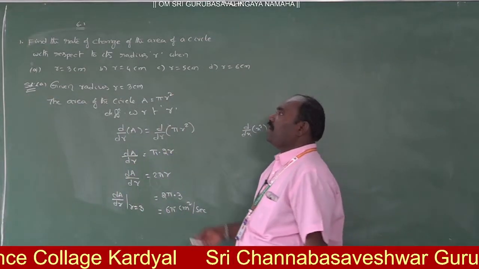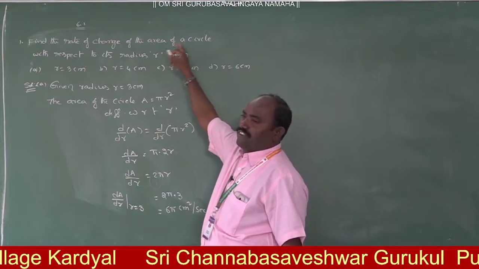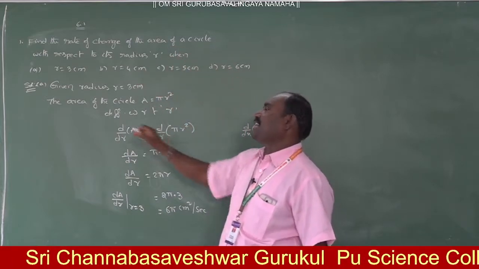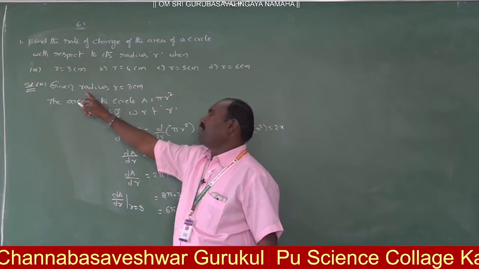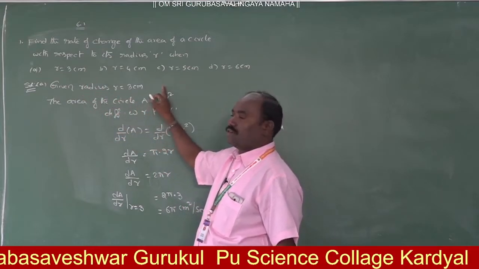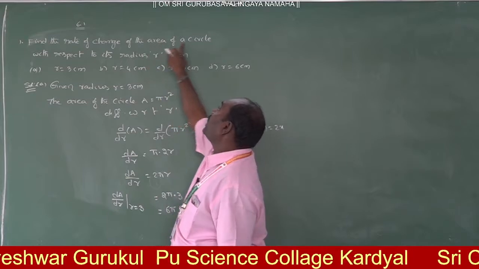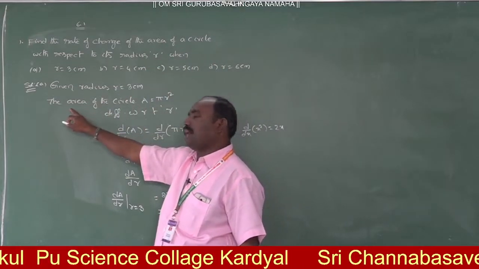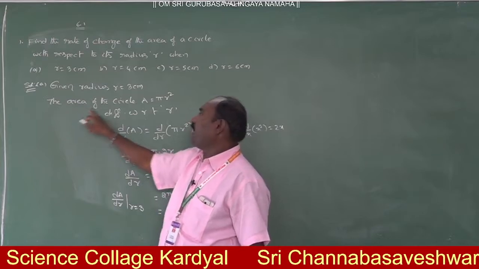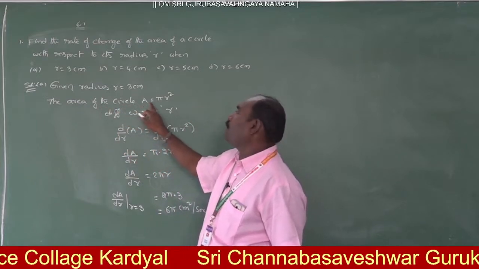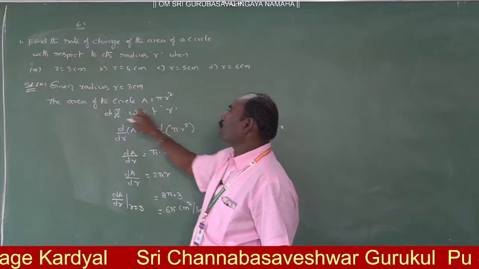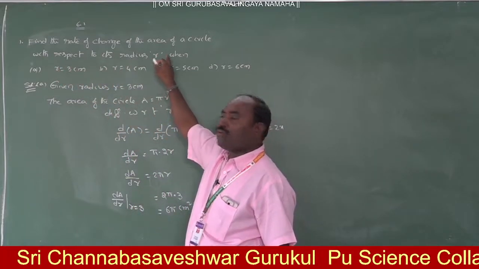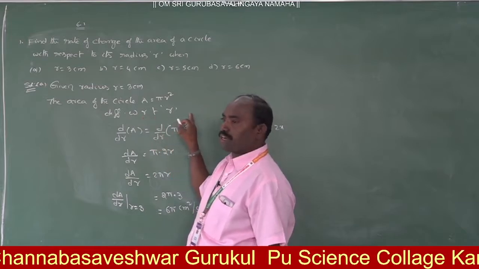See this one. Find the rate of change of the area of the circle with respect to its radius r. First condition, when r equals 3. We have to write the given radius r equal to 3 centimeters. The change of the area of the circle, so we have to write the area formula. The area of the circle A equals pi r square. Here it is given with respect to its radius, so we have to differentiate with respect to r.